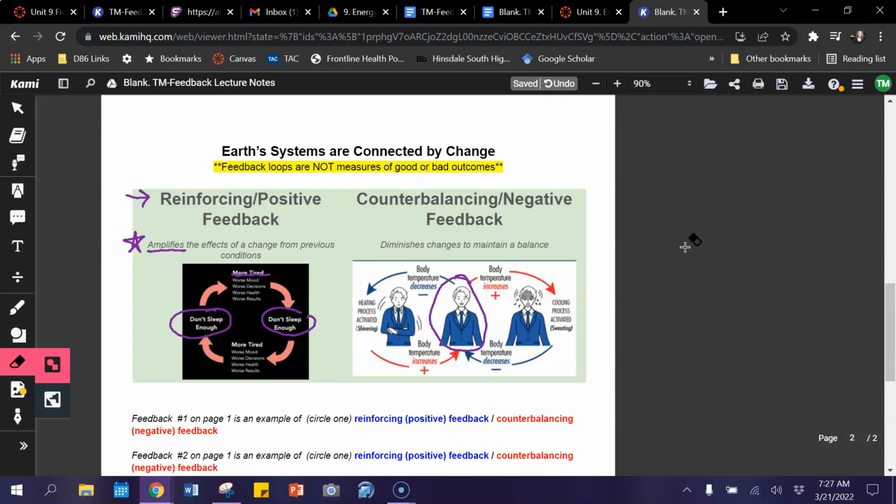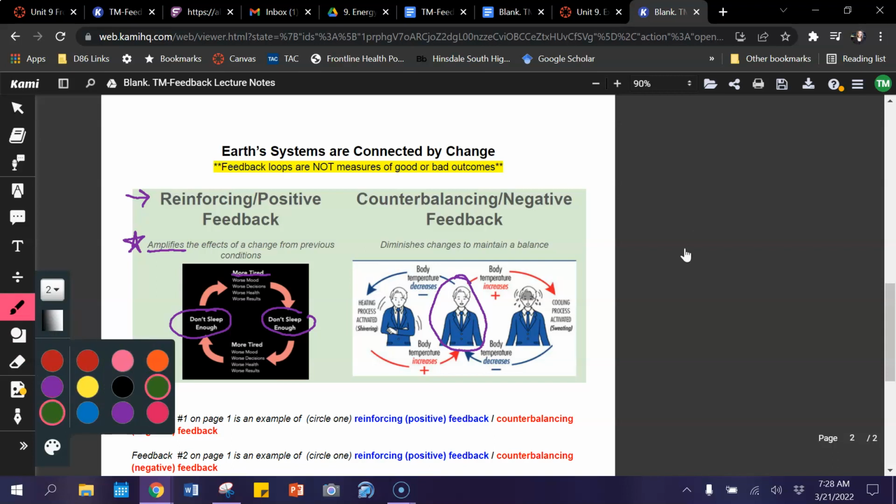Okay, so knowing that, we're going to go back up to feedback number 1 and feedback number 2. And let's look at our question down here at the bottom. It says feedback number 1 on page 1 is an example of, is it reinforcing / positive feedback, or is it counterbalancing / negative feedback?